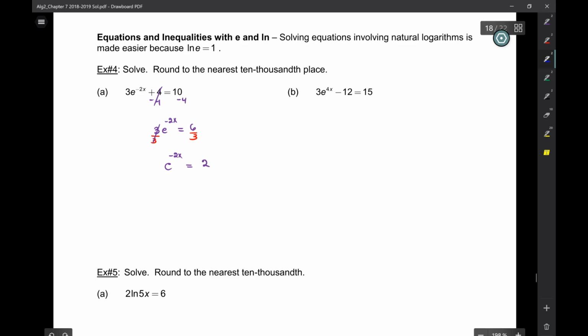So I do ln. You just take the logarithm of both sides, just like we were doing in yesterday's section, remember? So now this just gives me negative 2x equal to ln of 2.